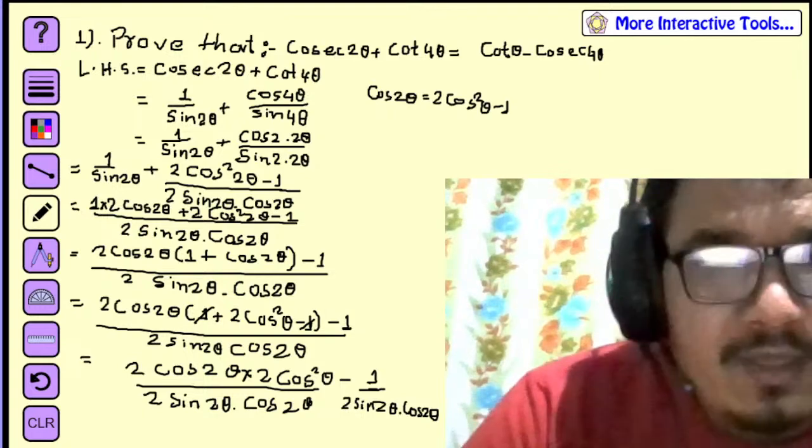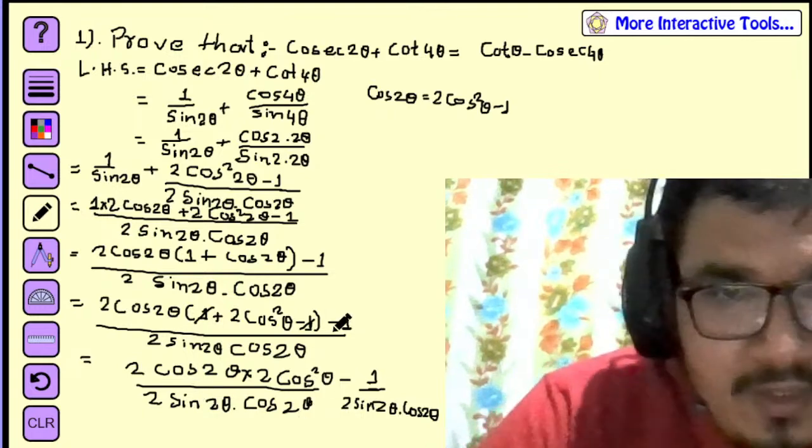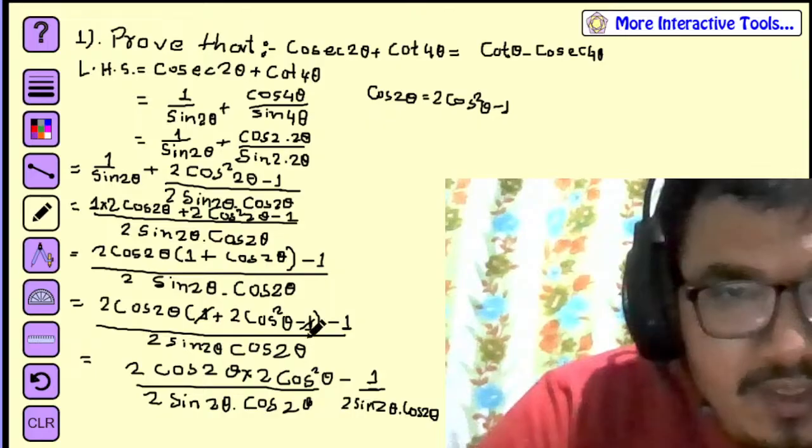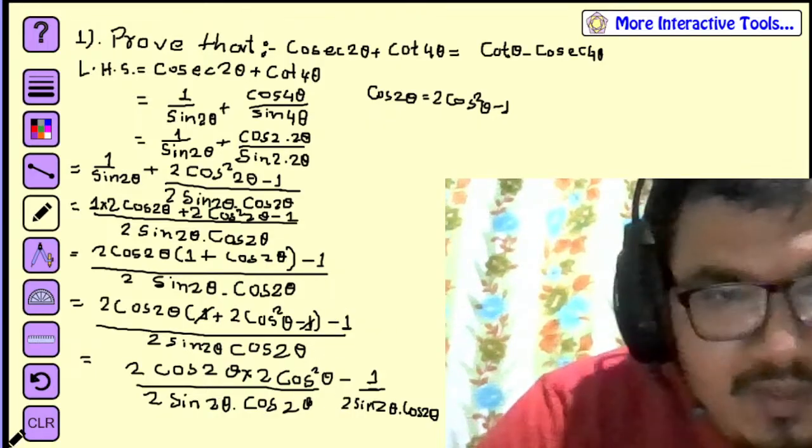Then we separate it, because this is the single denominator. If you take LCM, then again it will come as the answer.